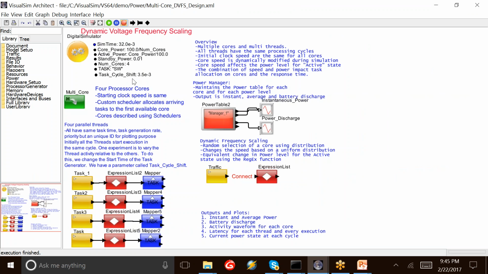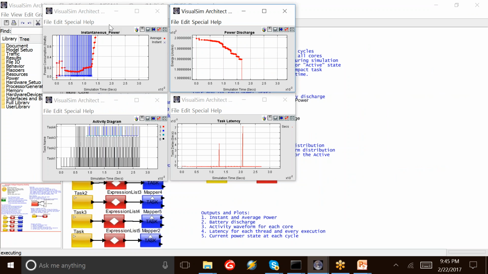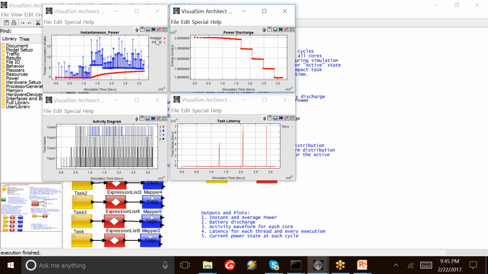Now, the other thing I can do is, for example, a more dynamic scaling. I can alter the power over time. When I do that, you can see how the power consumption changes over time if I use different clock speeds and different clock rates. And how does that impact the latency?